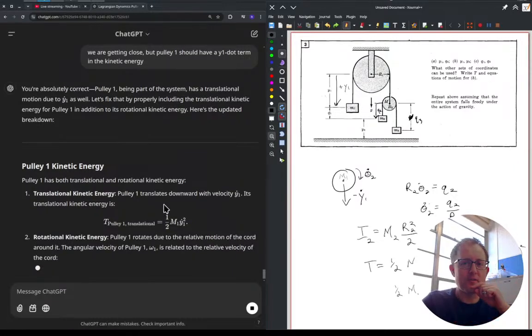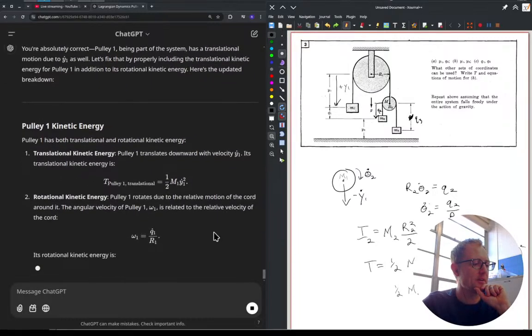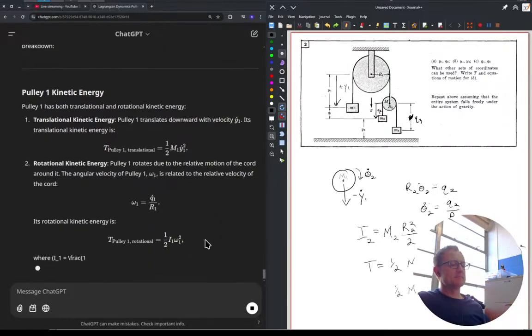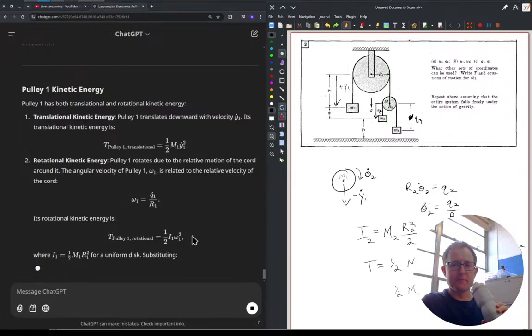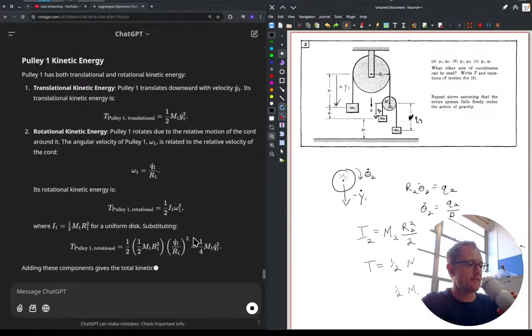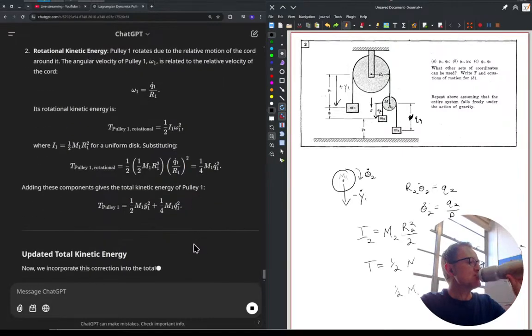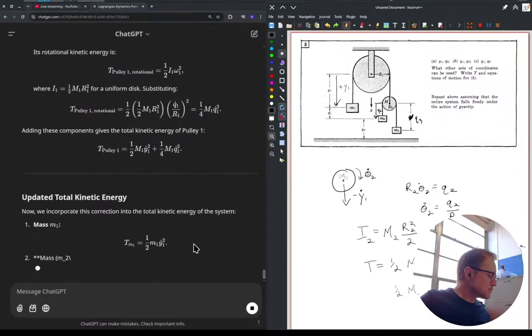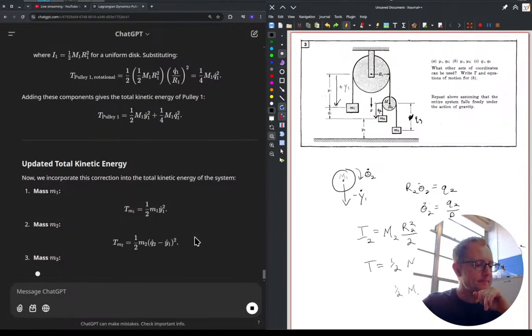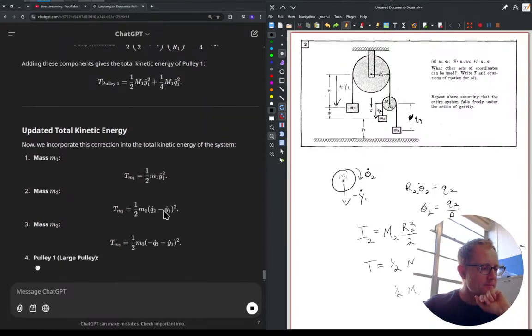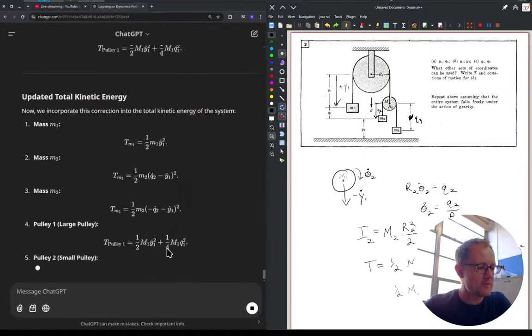Man, so you really have to work with this to get it to the point where it's got something physically meaningful for this kind of physics equation. All right, so it's re-deriving those.